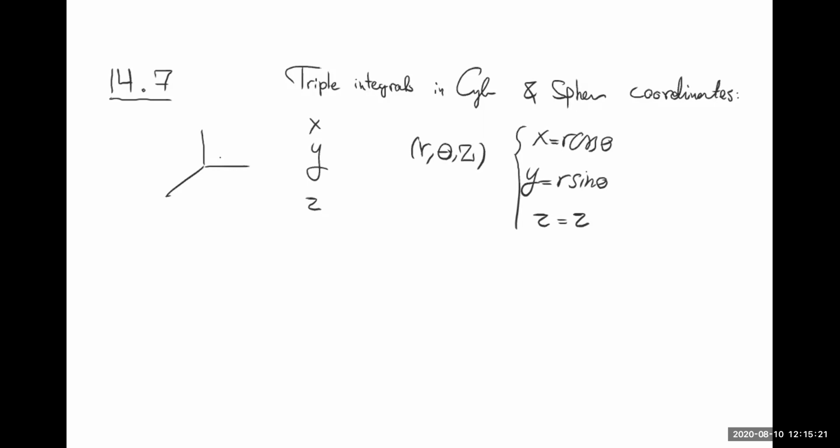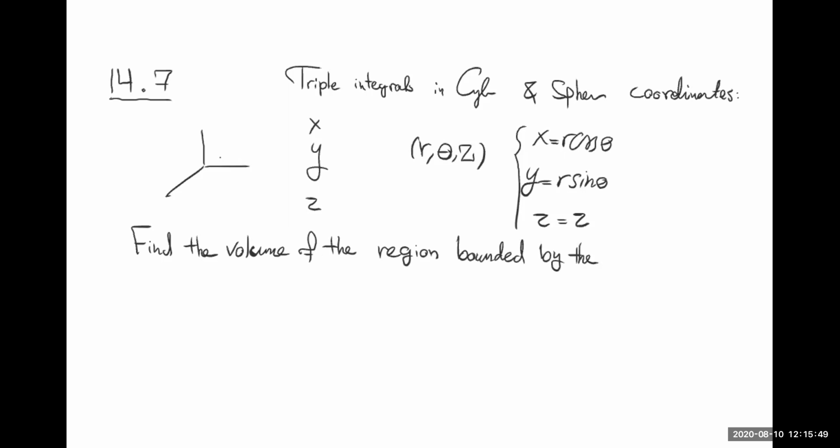So suppose this is our question. Again, I will follow the example of the book. Find the volume of the region bounded by the sphere x squared plus y squared plus z squared equals 4.